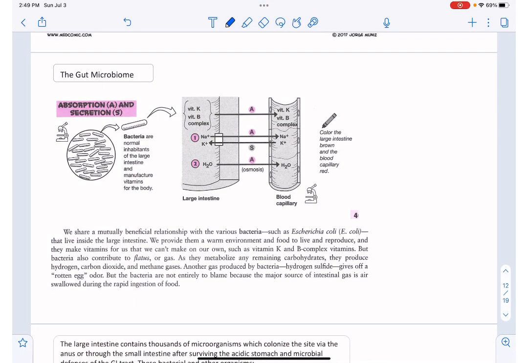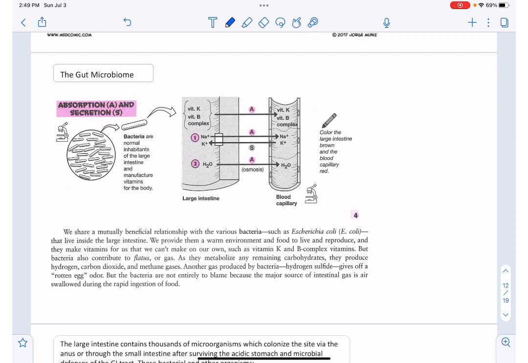And the last thing I want to talk about and spend a little bit of time on is what's called the gut microbiome. The gut microbiome refers to the millions and millions of bacteria and other microorganisms that live inside the lumen of the digestive tract, especially the small intestine and especially the large intestine.